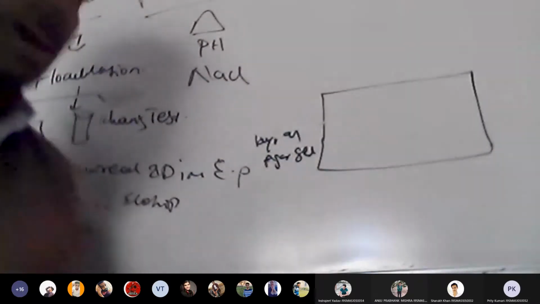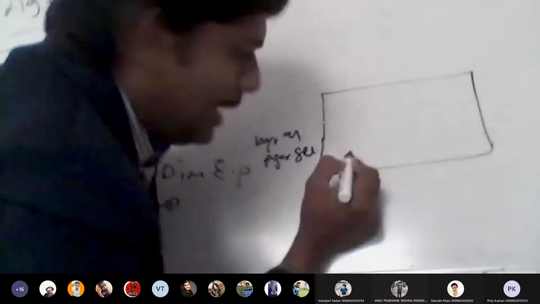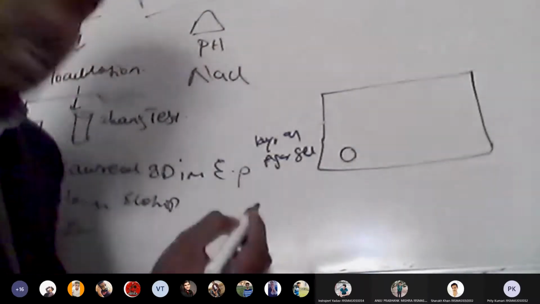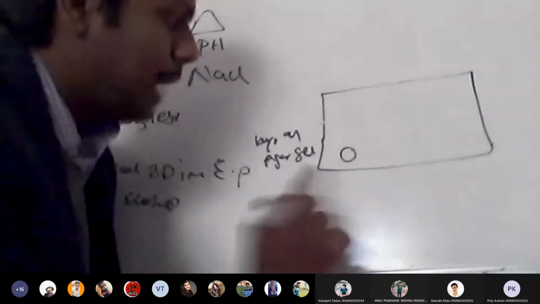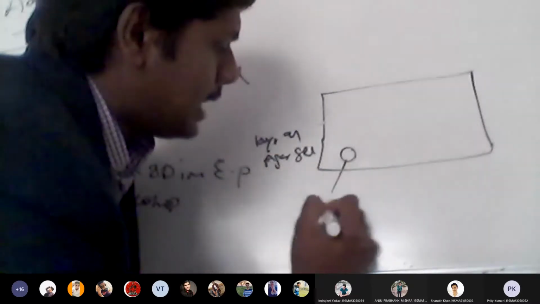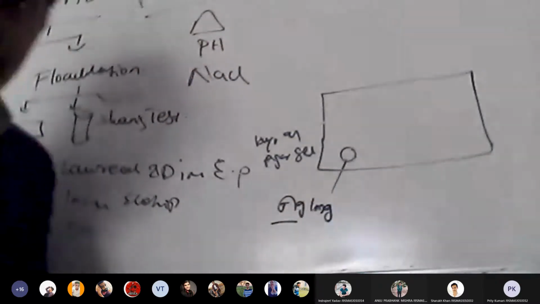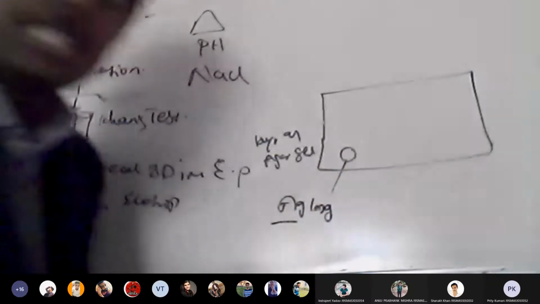After adding a layer of agar gel, I will drill a small hole in the gel. Then I will put a drop of maybe 1 ml of antigen, maybe a patient sample, in this well.